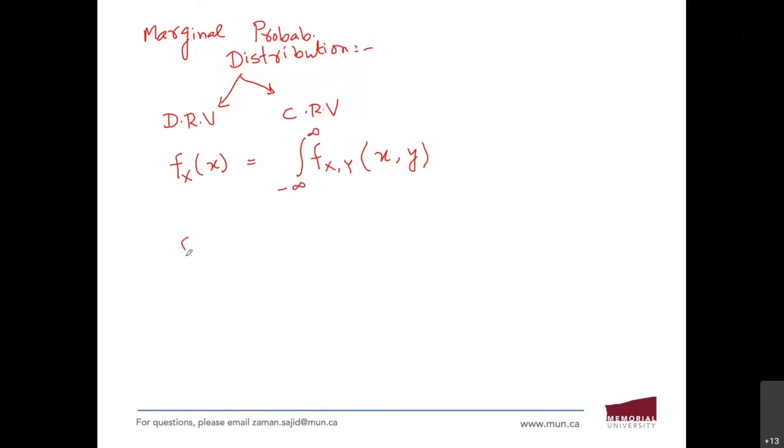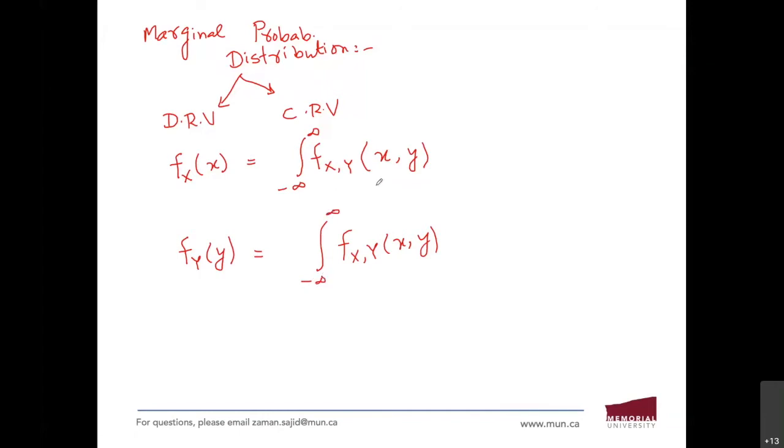And in case of y, we have f of y, the same joint probability distribution f of x, y in terms of x and y, and we take its integral from minus infinity to plus infinity.